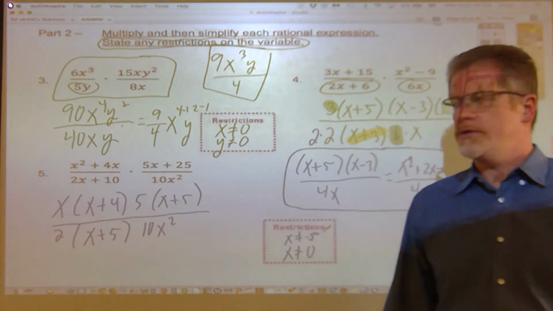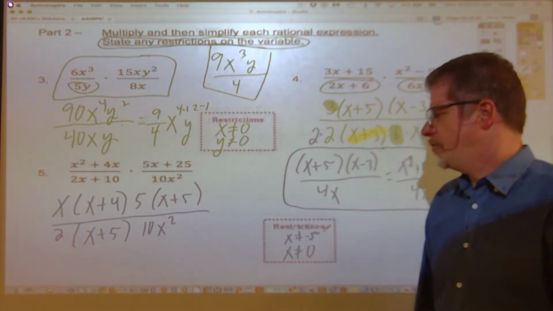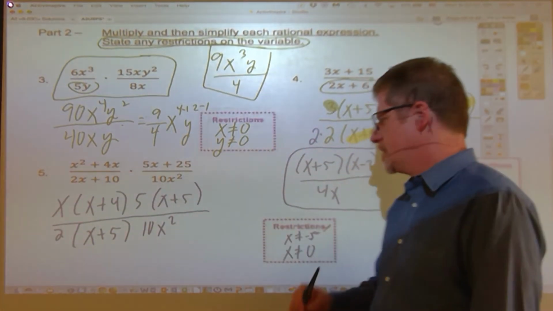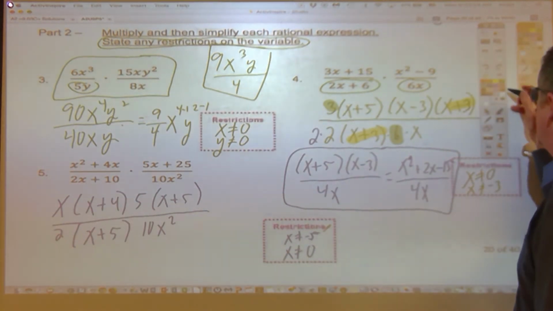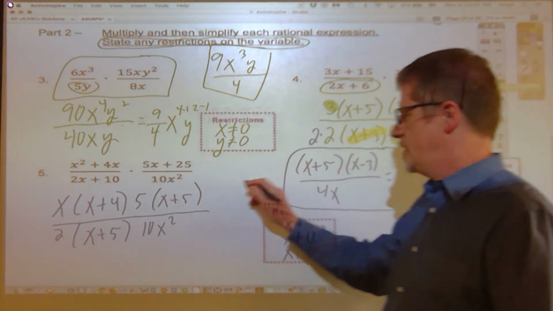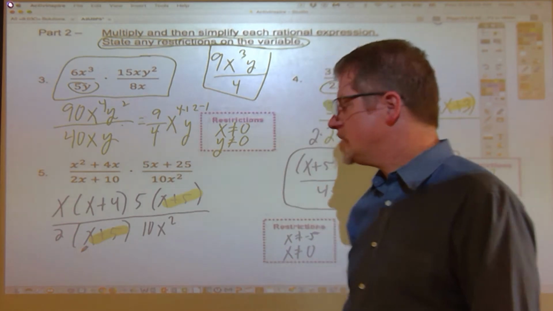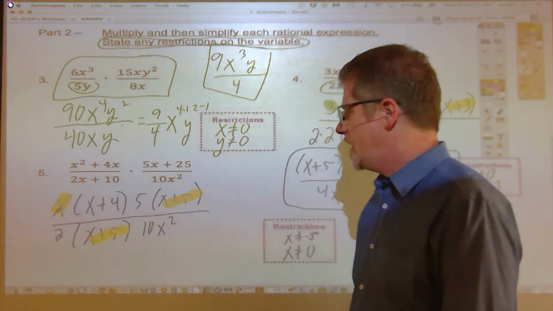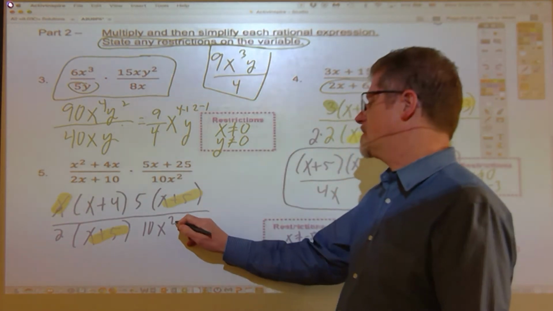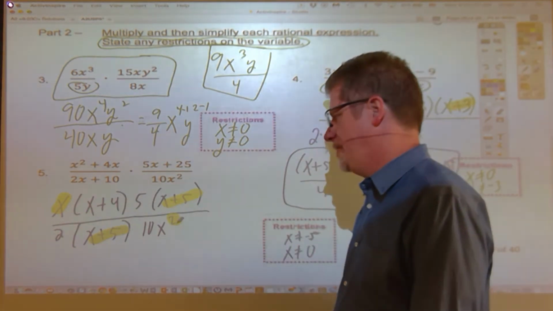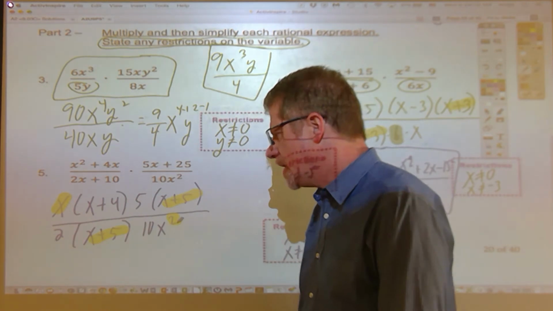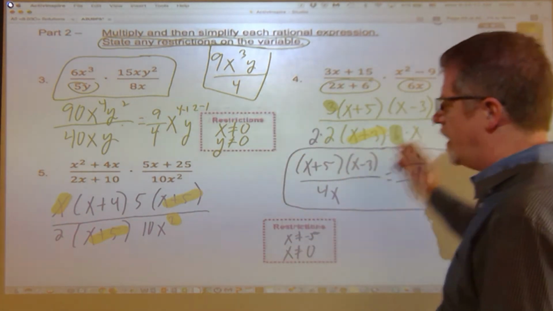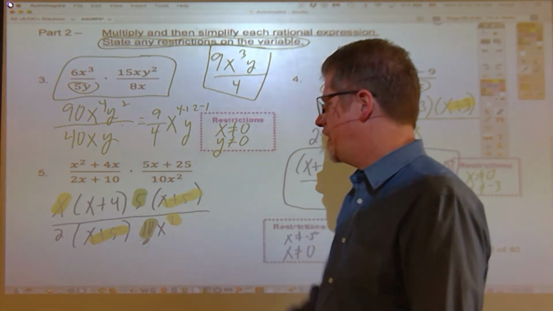Okay, so now that we found on number 5 that from the factor form x cannot equal -5, x cannot equal 0, let's start canceling. The x plus 5s are gone, but also a pair of x's cancel. After you cancel the x's here, instead of 2 factors of x in the denominator, we're down to only 1. And likewise, the 5s, there's a factor of 5 and 10.